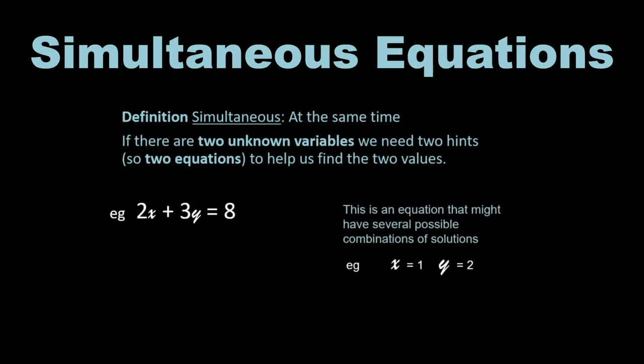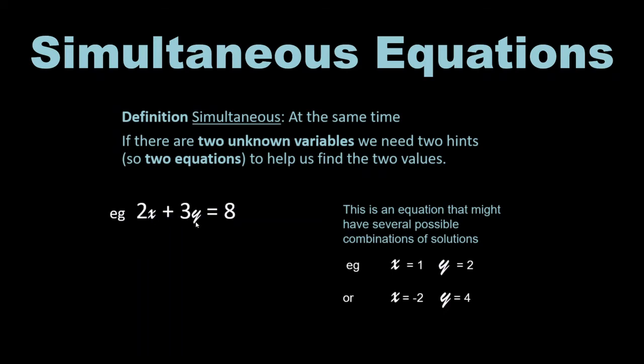For example, if x is 1 and y is 2, that would be 2 times 1 is 2, plus 3 times 2 is 6, 2 plus 6, that makes 8. That's one possible set of answers. Can you think of another one? What about if x is negative 2? If x is negative 2, 2 times negative 2 is negative 4.